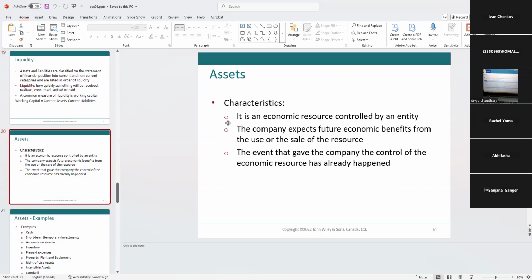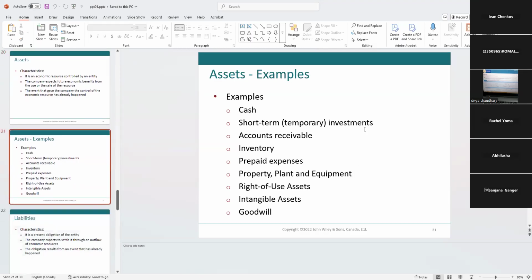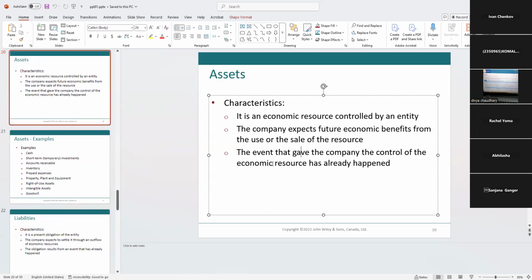Assets. Assets are resources which are controlled by the company or the entity or corporation. It's expected to generate future economic benefits, and the event already happened, meaning the company already has control over those assets.